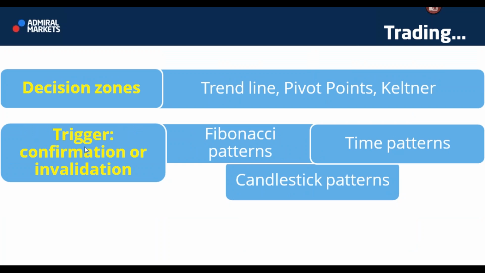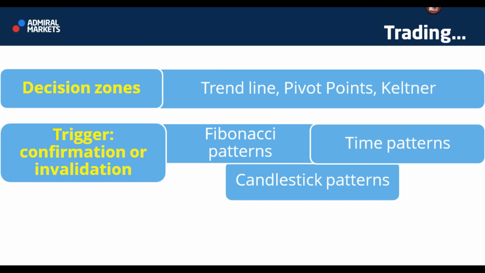The things I use for the trading aspects, I've talked about a lot on Wednesday. For triggers, I use time patterns and candlestick patterns, for instance. So I'm looking for confirmation of price in that decision zone.